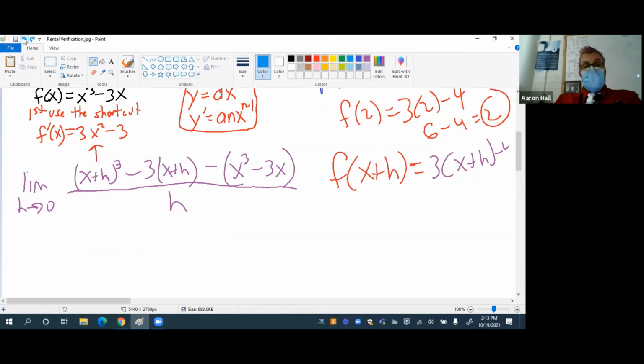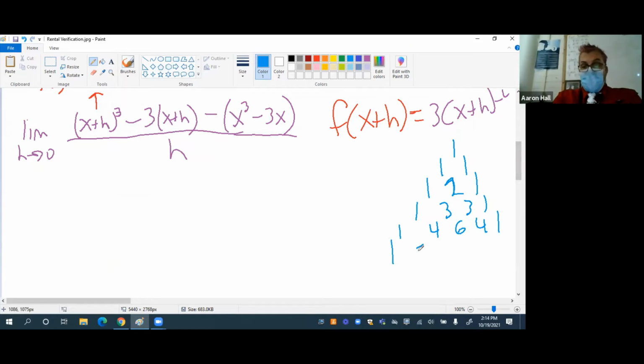And if I use binomial expansion, I have to use this pyramid, Pascal's triangle. And the question is, what row am I going to use? What row would I use for this one?